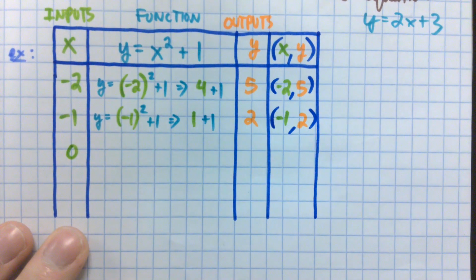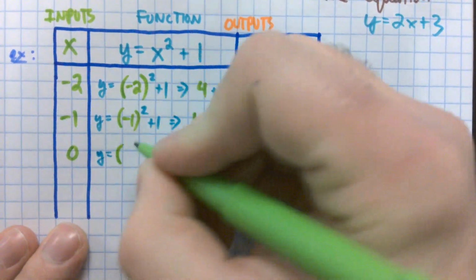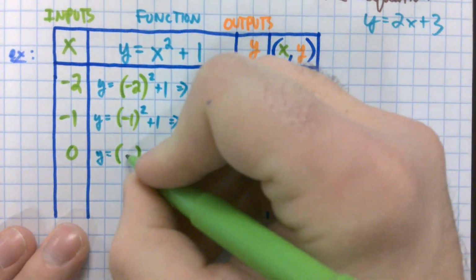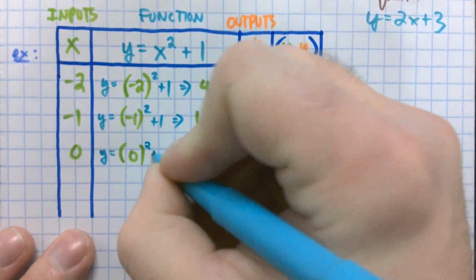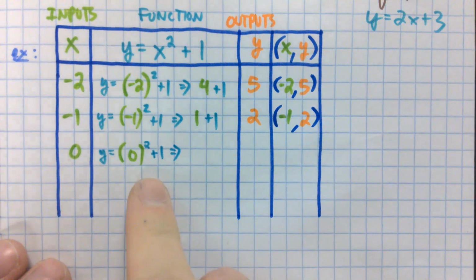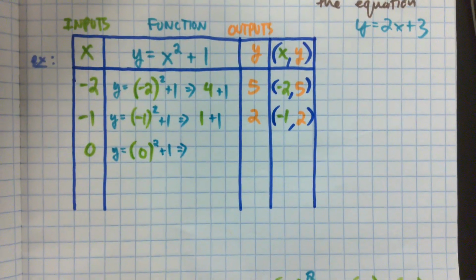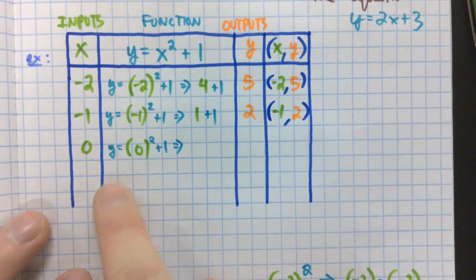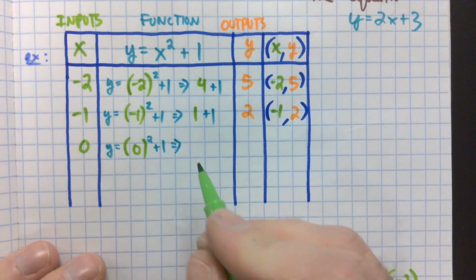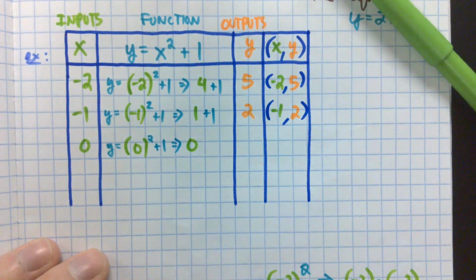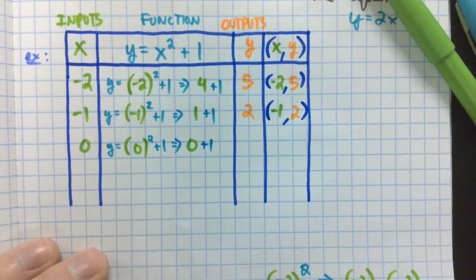Let's plug in a 0 and see what happens. See if we're going through the origin. So we plug in a 0, we get y is equal to 0 squared plus 1. 0 squared, which is just 0 times 0, gives us 0. Plus 1 gives me 1.